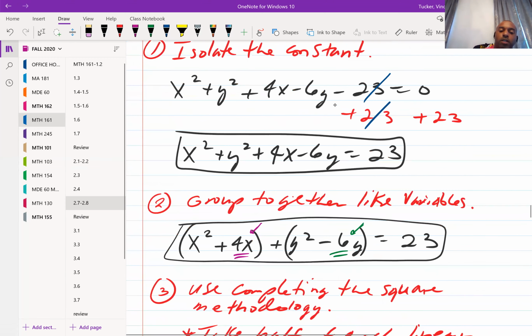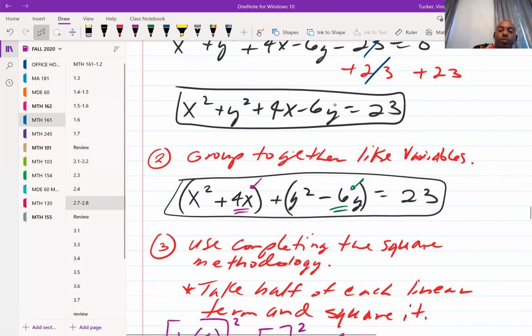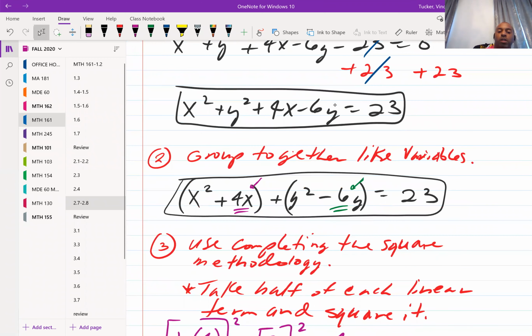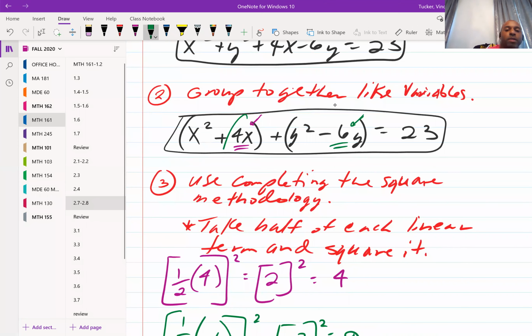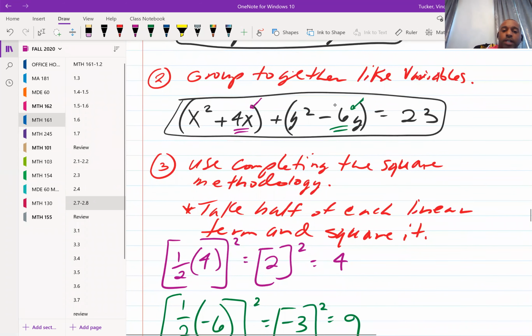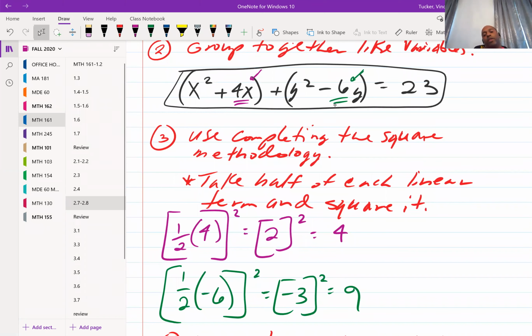All right. Step 3, we're going to do completing the square. We're going to take half of each linear term and square it. So what do I mean by linear term? That's the terms that aren't squared. You have your x squared and y squared. We're not looking at that. We're talking about the 4x and the negative 6y. We're going to take those two numbers, take half of them, and then square it.